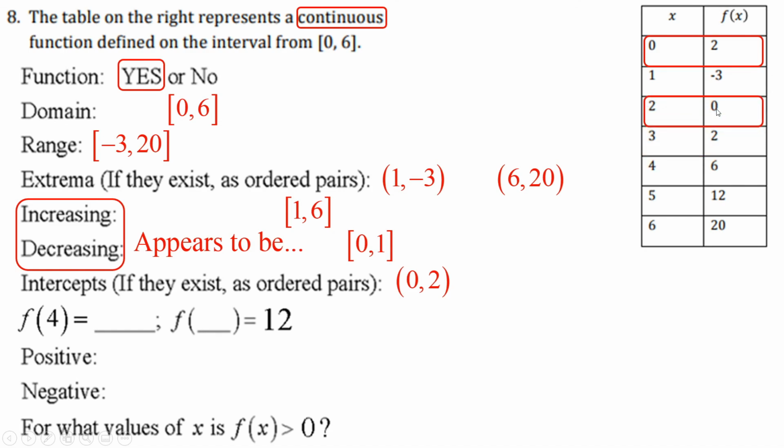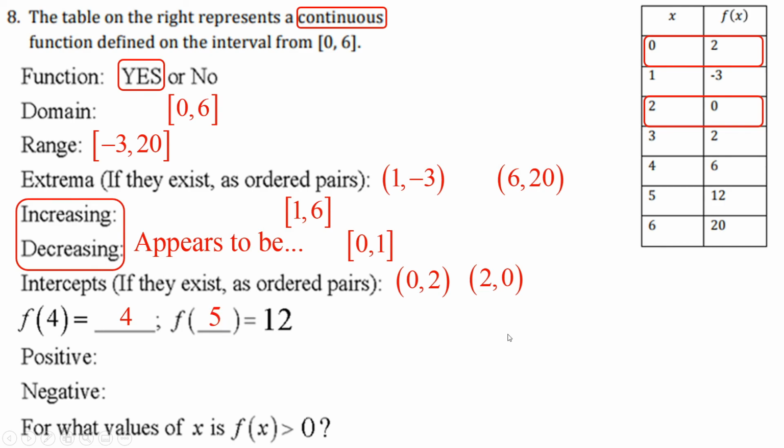So the x-intercept will be the ordered pair 2, 0. There you go. Now, f of 4 equals, well, that's easy on a table. f of 4 equals 6. And f of what x value is 12? That's also easy on the table. When y equals 12, x is 5. So f of 5 equals 12.